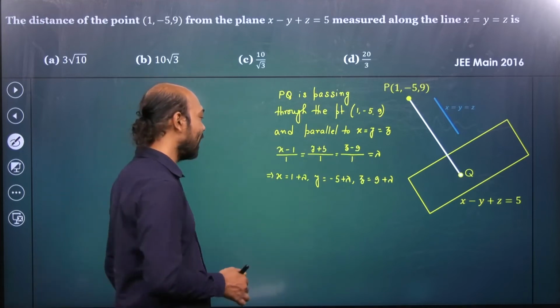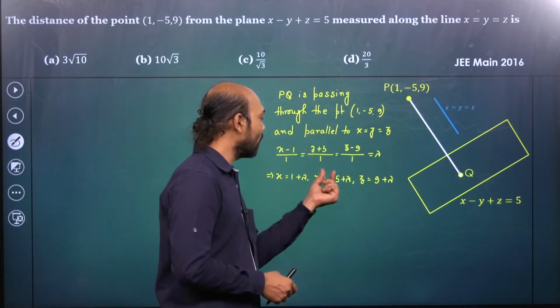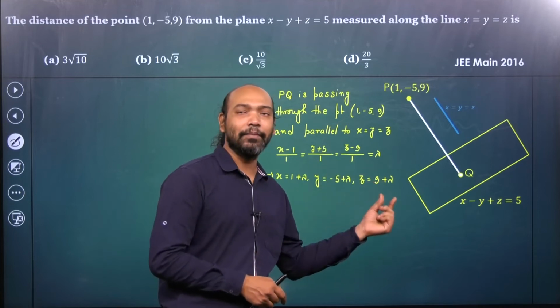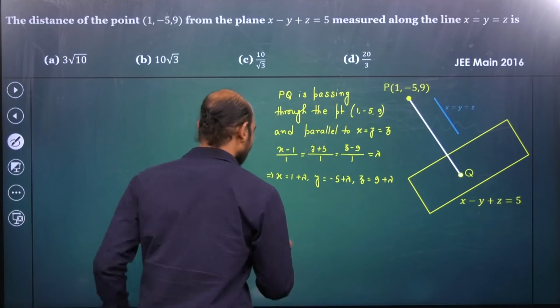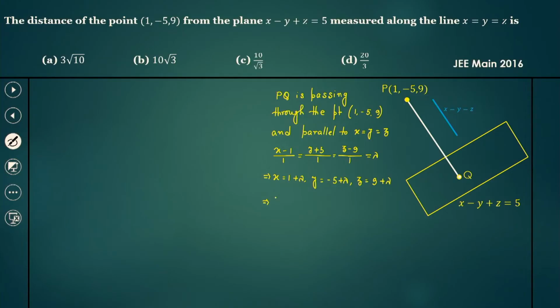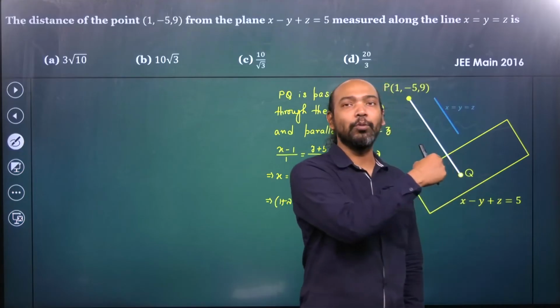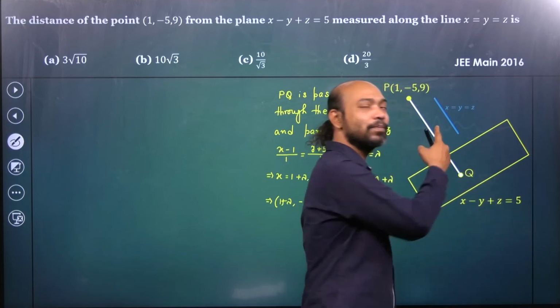So the point (1 plus lambda, minus 5 plus lambda, 9 plus lambda) is any point on the straight line PQ. The point Q also lies on the plane x minus y plus z.